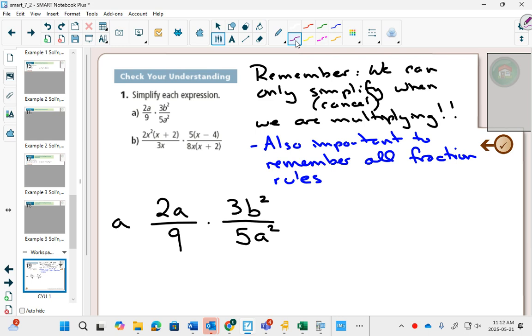So if we look at the numbers in a, 2 over 9 can't be simplified. 3 over 5 can't be simplified. But you're not restricted to only your fractions that are in each of their respective fractions.